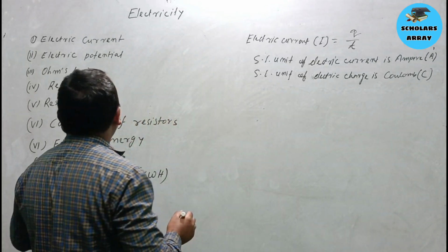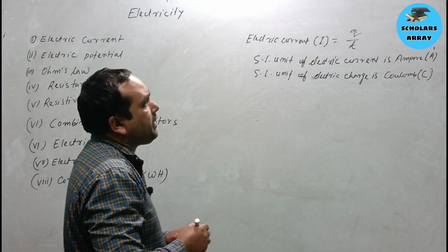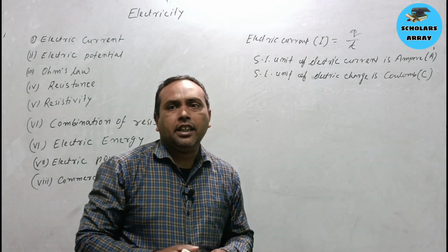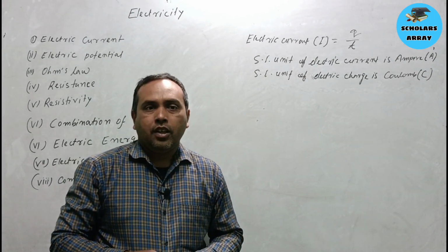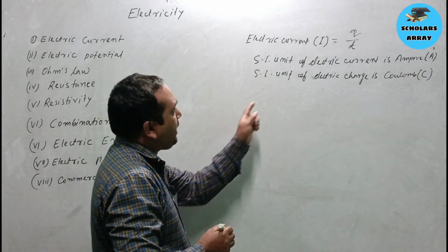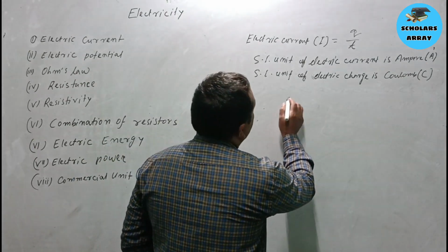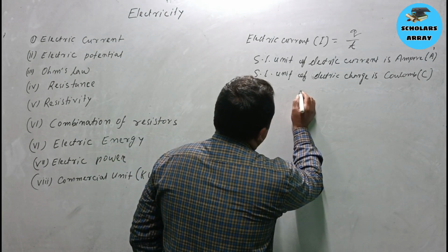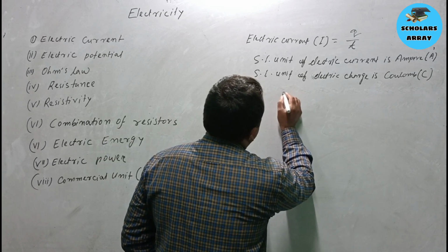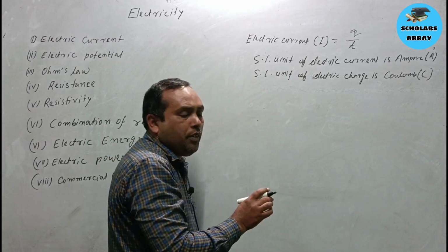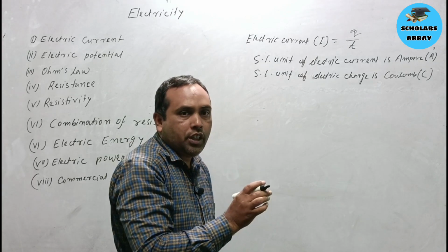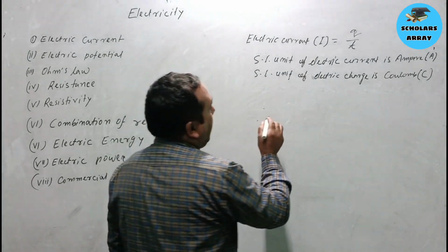So after that, what is charge, dear students? Charge is nothing but a property for which it attracts or repels other things, and that is mainly the variation of electrons and protons. We know about the atoms.